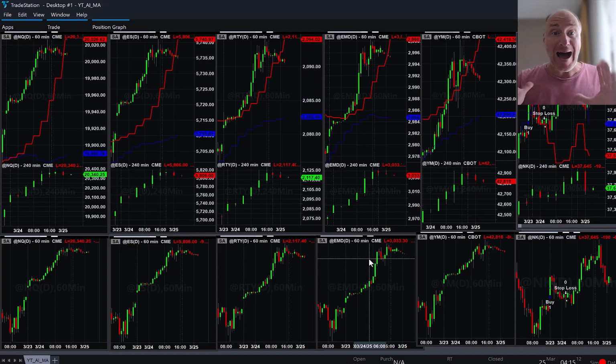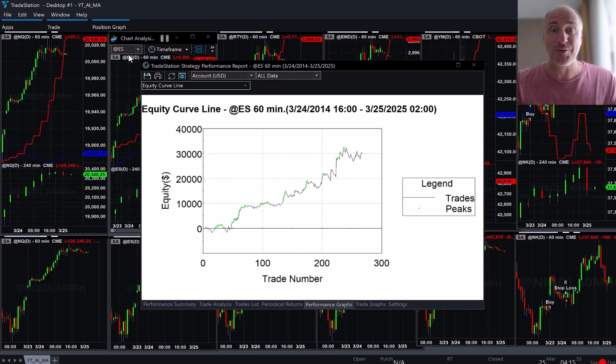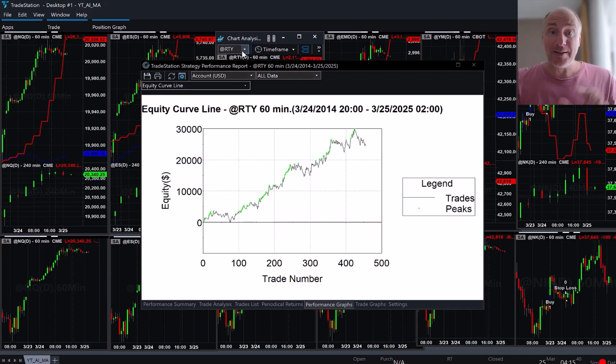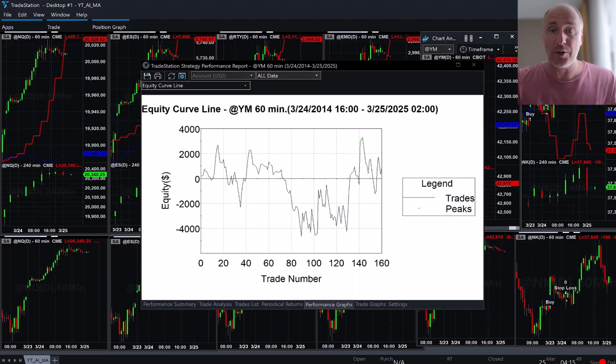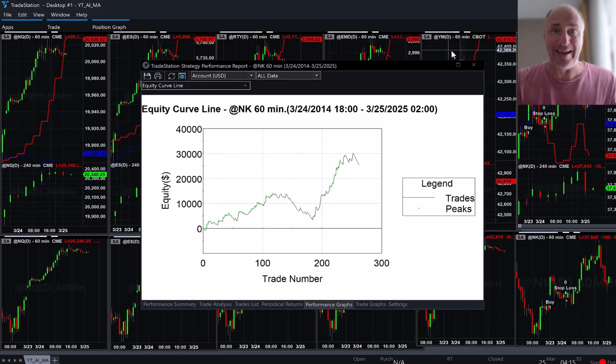But overall, I am quite happy with the results. So we got a fantastic result on E-mini NASDAQ. We got a fantastic result on E-mini S&P. We got a little bit of improvement on RTY. We got a little bit of improvement on EMD, and we did not get an improvement. Actually, we got it worse on these two markets, YM and Nikkei. So 4 of 6 did see improvement, which I think is quite awesome.